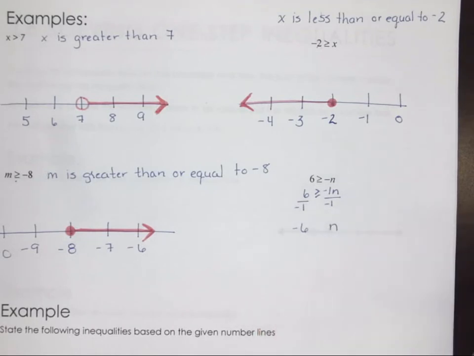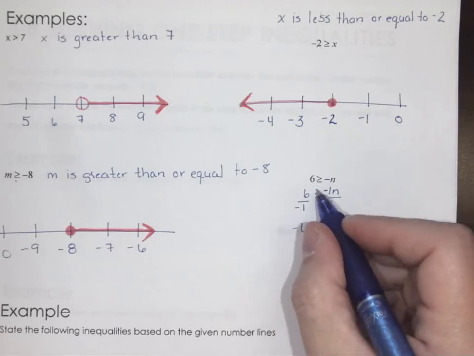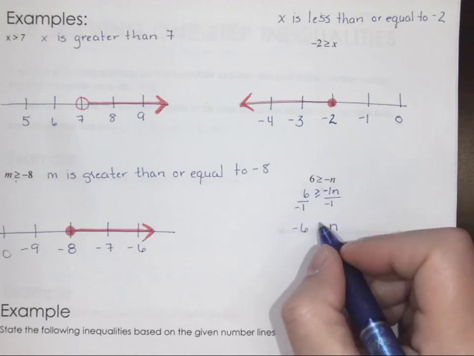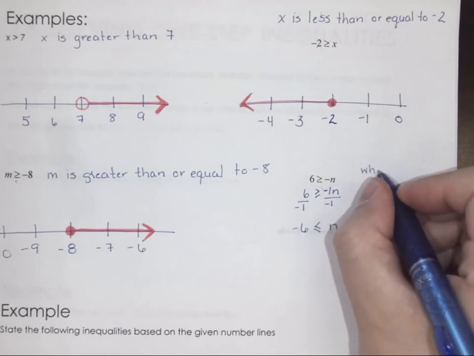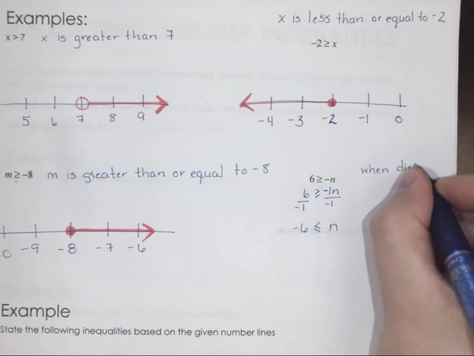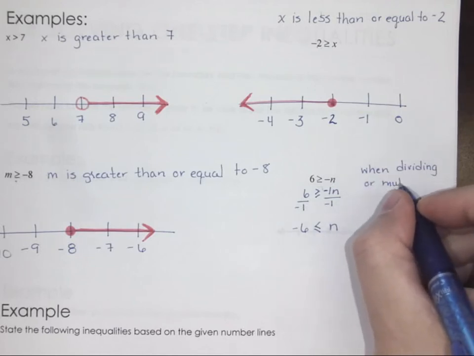Now here is the tricky part about inequalities. When you divide or multiply by a negative number, you flip the inequality sign. Whew.